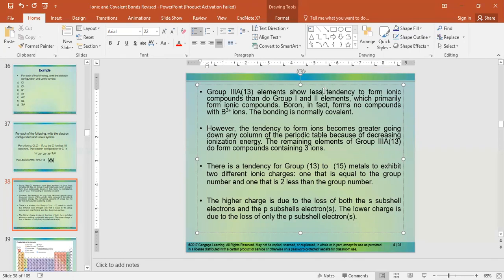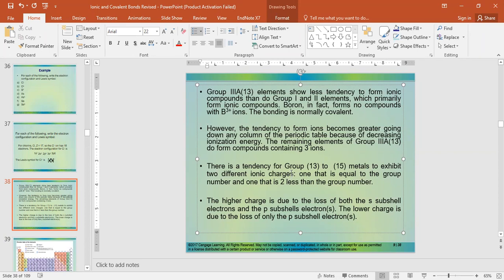Boron does not have any cationic character, and therefore it only forms covalent compounds. So the tendency of group 1 and 2 to form ionic compounds is higher than the tendency of group 13 elements to form ionic compounds.